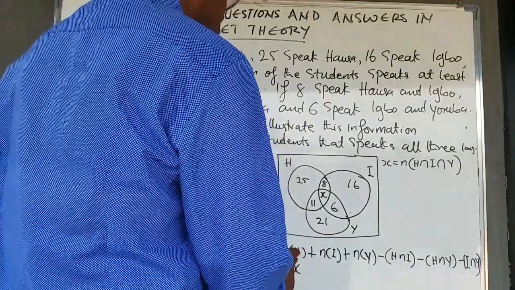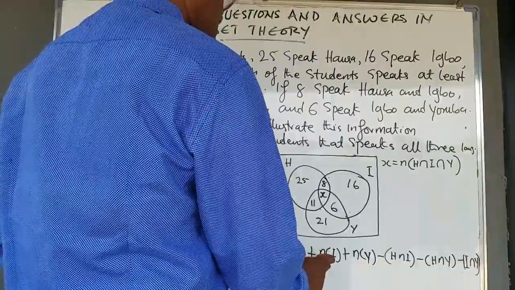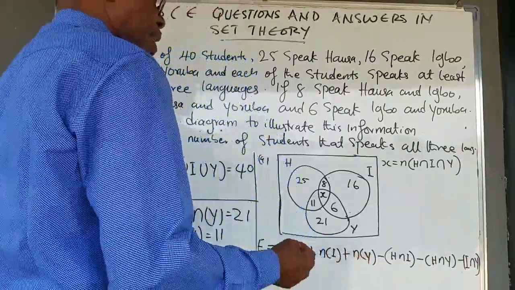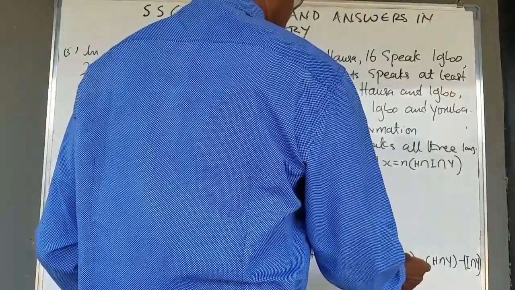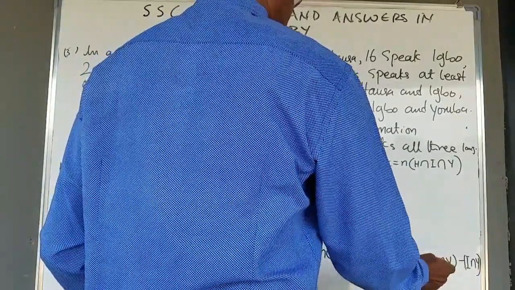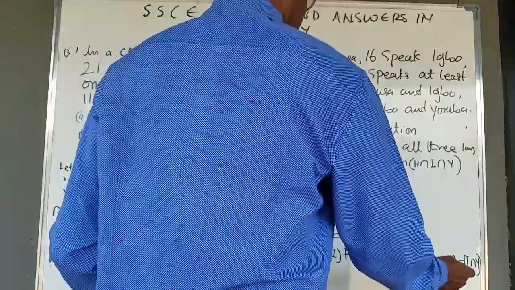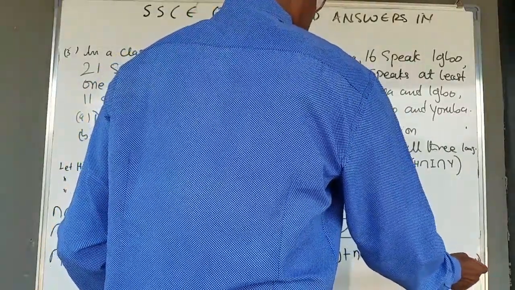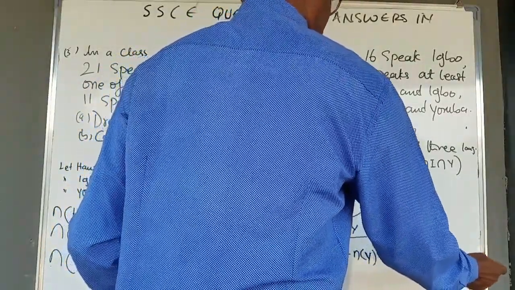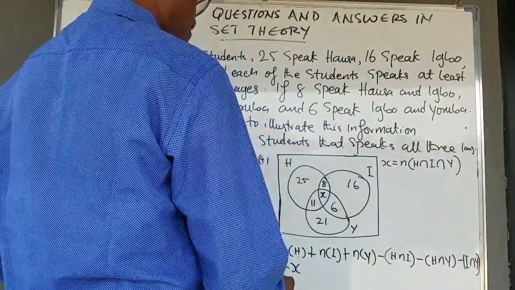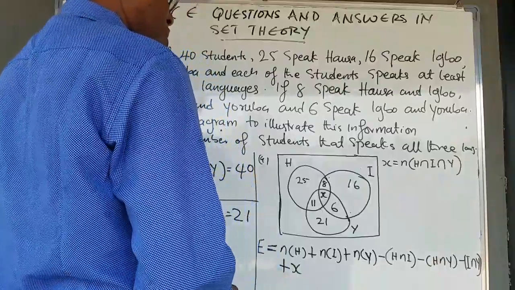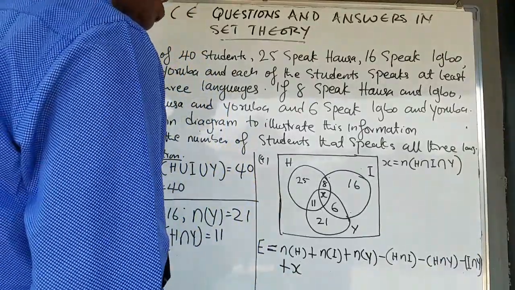You add number that speak Hausa, speak Igbo, speak Yoruba. Then subtract those that speak Hausa and Yoruba from it. Those that speak Hausa and Igbo from it. Those that speak Igbo and Yoruba from it. Then add those that speak all the languages. It will definitely give you the answer.